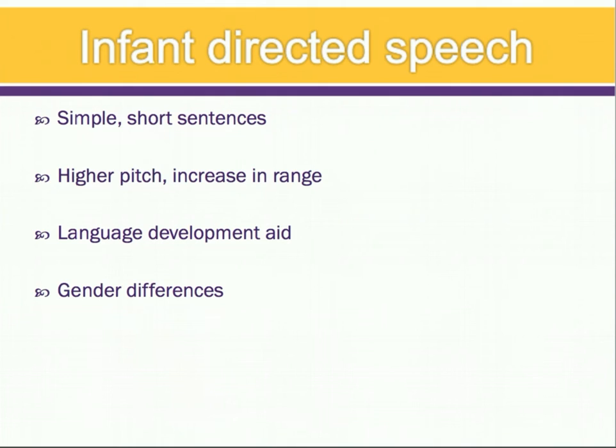So if you see a dog and the dog barks, you might say, "What does a doggy say?" And you could say that multiple times. Just go and talk to a kid. You'll start doing it automatically. Or even dogs, you will probably end up doing that with.